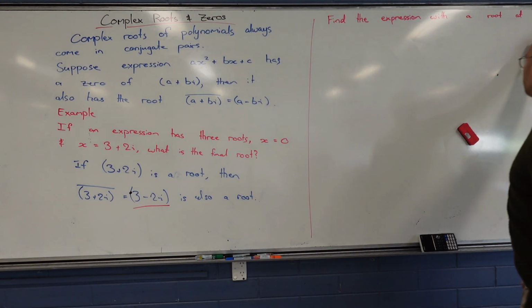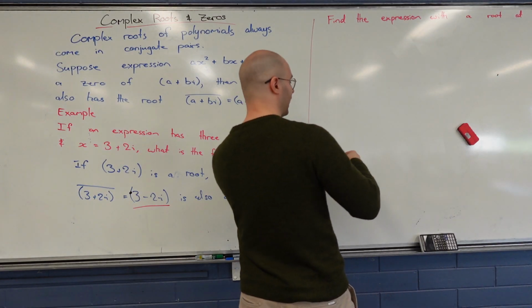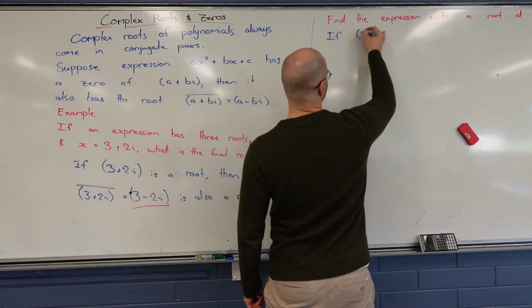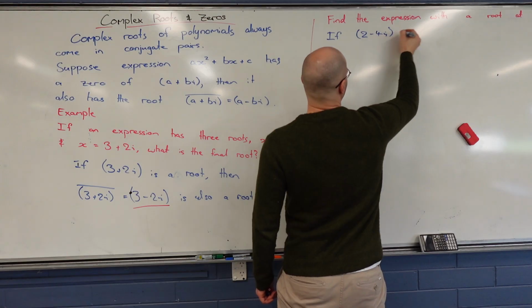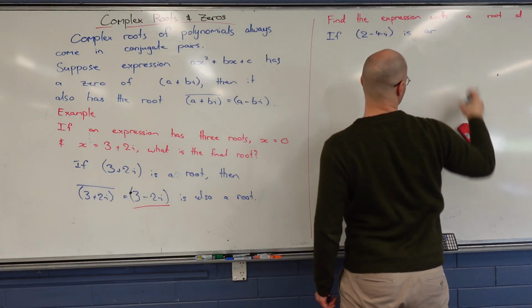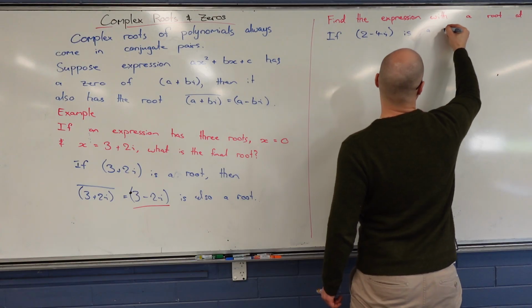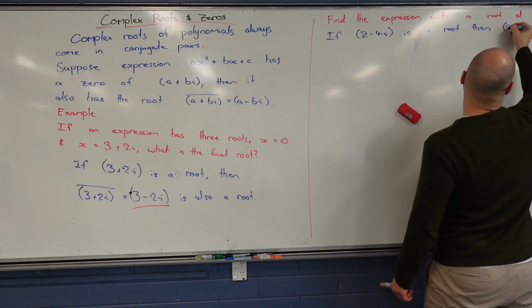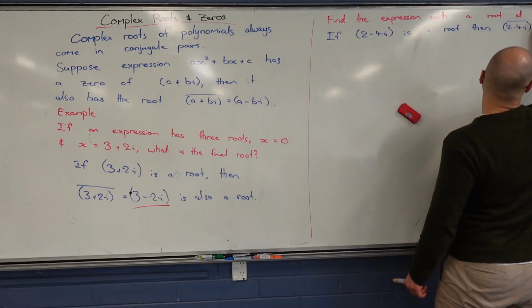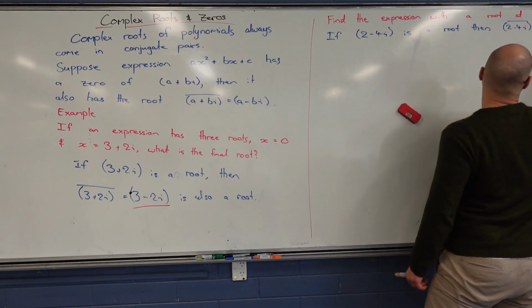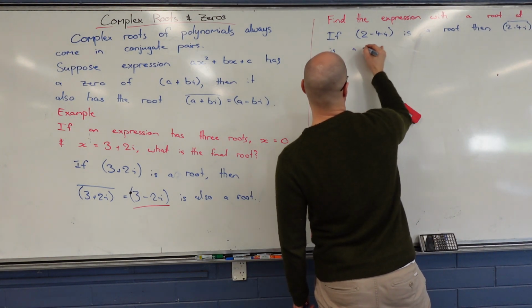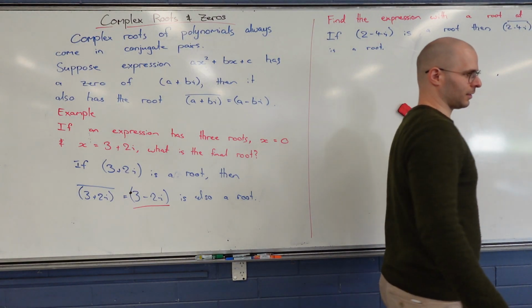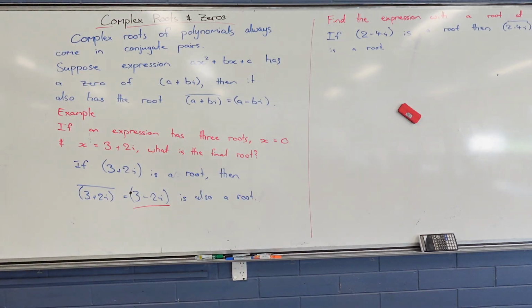And if we know that one of the complex roots is 2 minus 4i, then the other root is 2 plus 4i. So we know the second root.